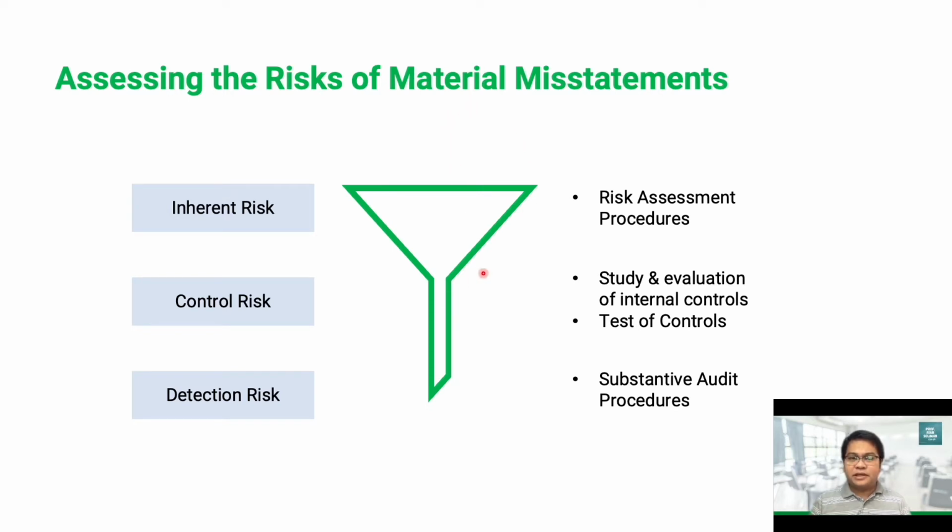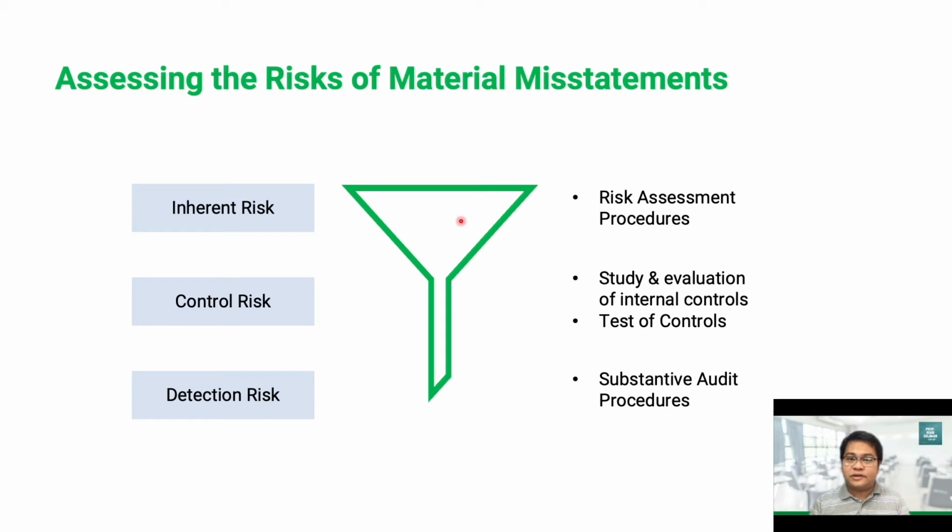Sometimes in other auditing literature or references, instead of a funnel, it would be a filter. What happens is that these risks are the contributors of the audit risk, and the funnel or the filter are our procedures. Our objective is to reduce the audit risk as low as possible. However, at the end of the day, we cannot reduce the risk to zero.